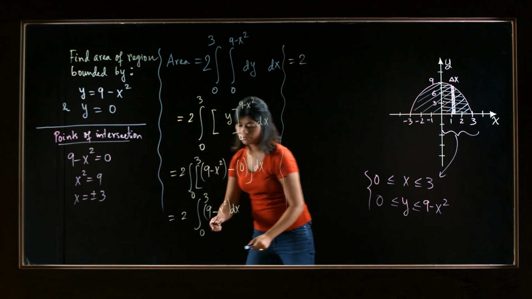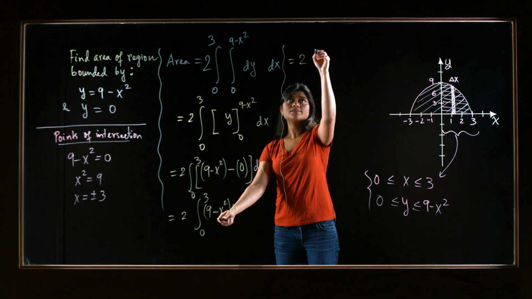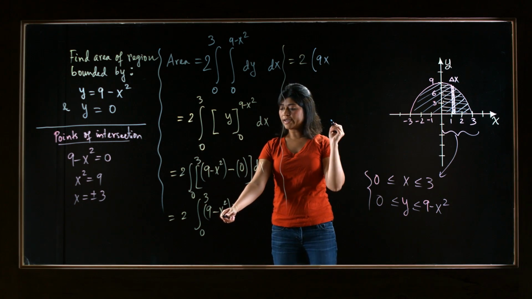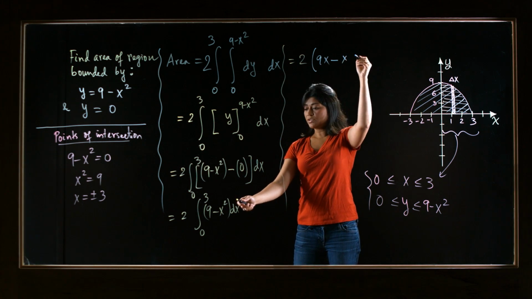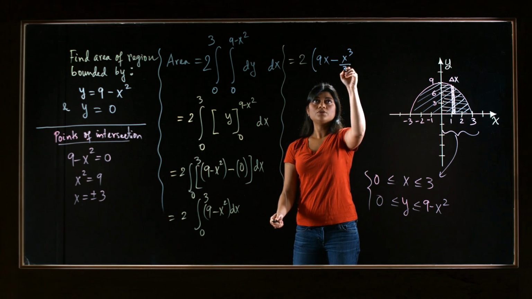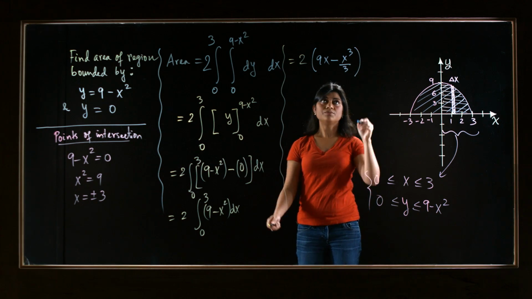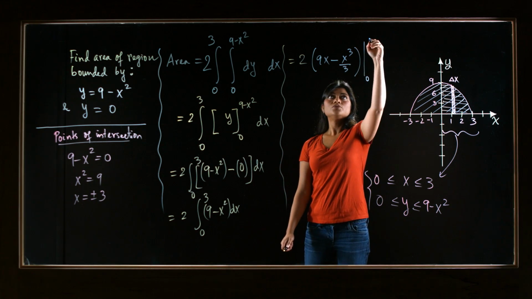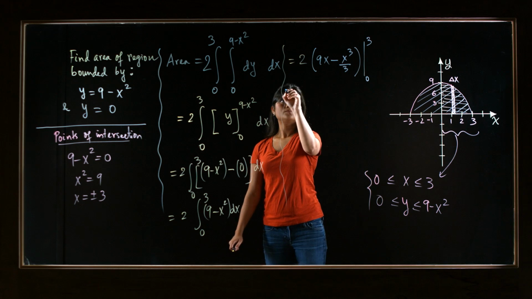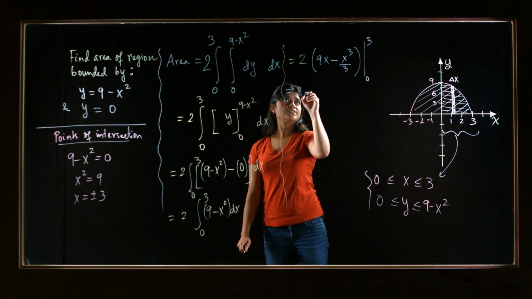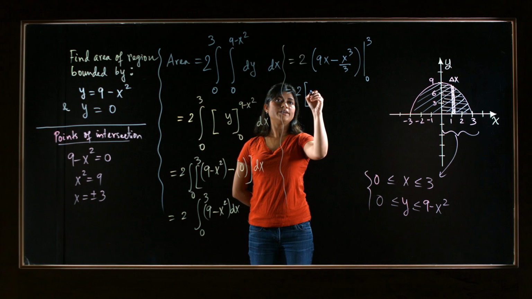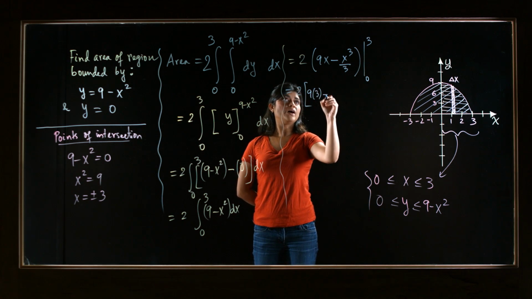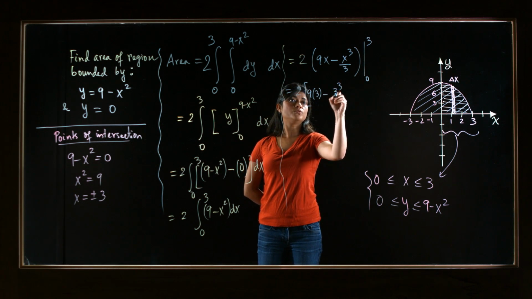All right, now the integral of 9 dx is 9x, minus the integral of x squared dx, using the power rule, is x cubed over 3. And then we have to evaluate from 0 to 3. Okay, keep the 2 as it is. We plug in 3, so we get 9 times 3 minus 3 cubed over 3.